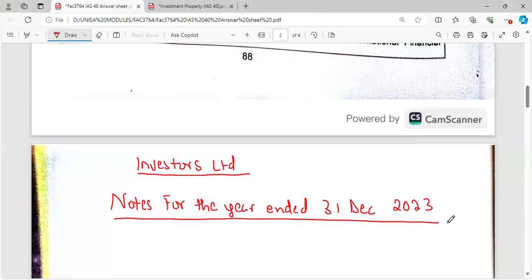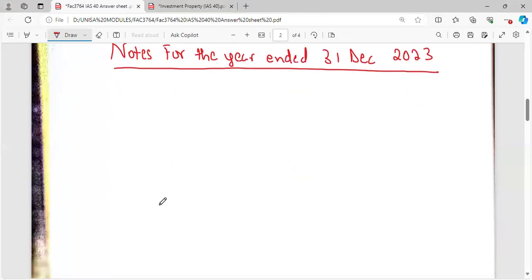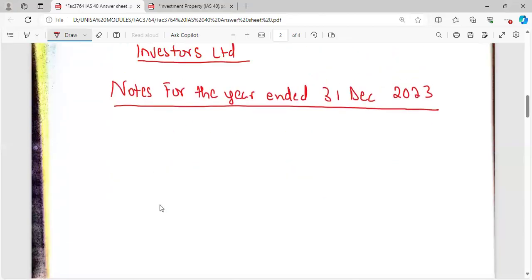The first note is the profit before tax. What do you think we should have here in the profit before tax?